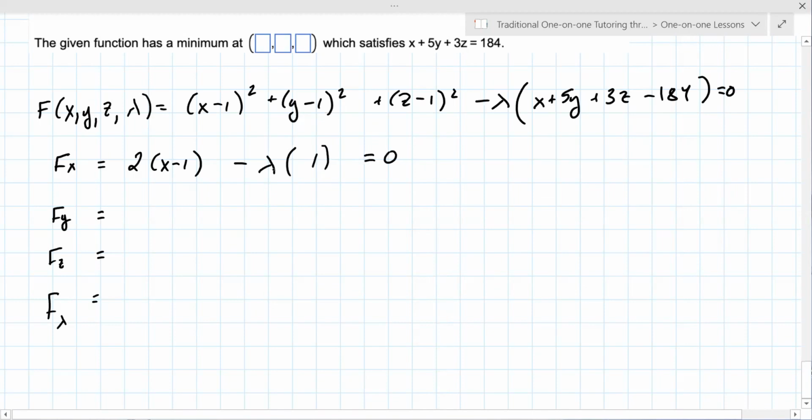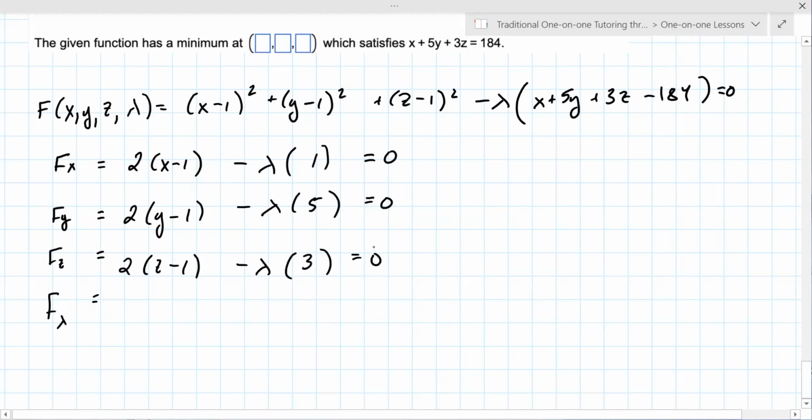Next is 2 times y minus 1 minus lambda times 5 equals 0. And then z: 2 times z minus 1 minus lambda times 3 equals 0. And the derivative with respect to lambda is just x plus 5y plus 3z minus 184 equals 0.